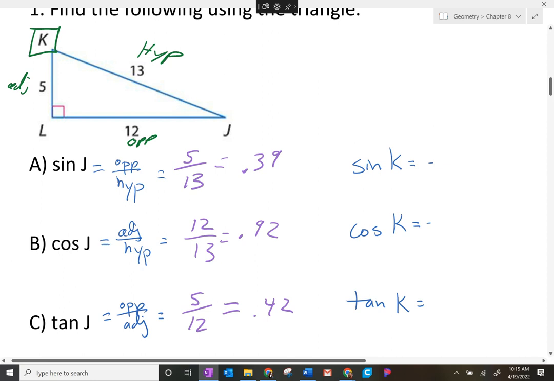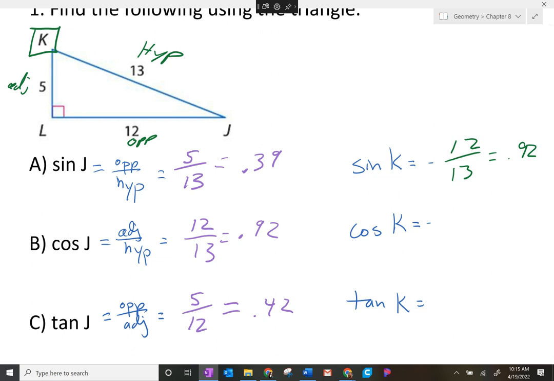So for the sine of K, sine, remember, is going to be opposite over hypotenuse. So I'd have 12 over 13. Written as a decimal, that will be 0.92. Cosine, that'll be my adjacent over my hypotenuse.